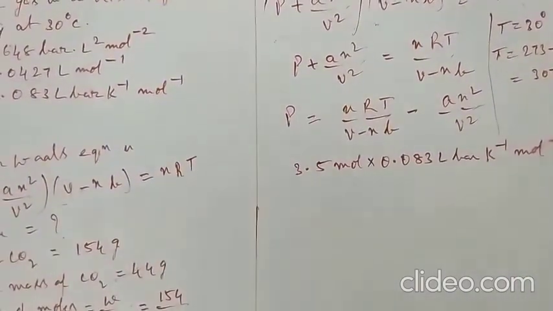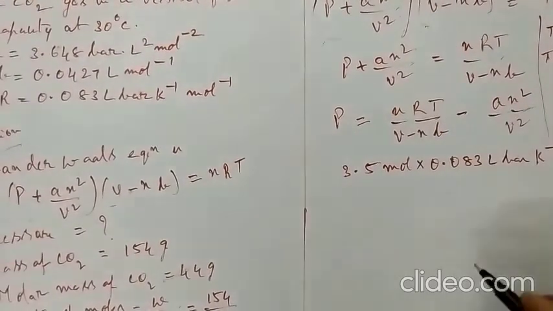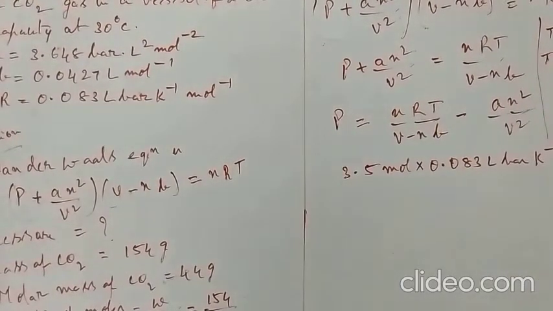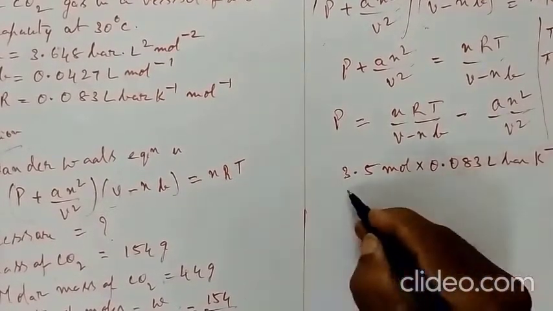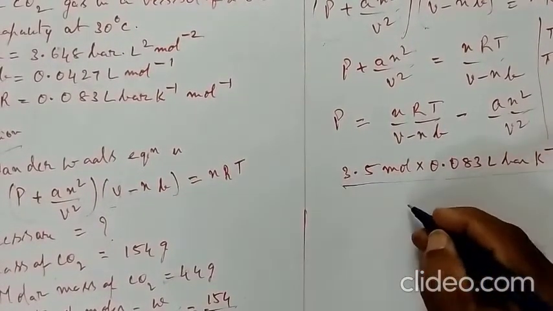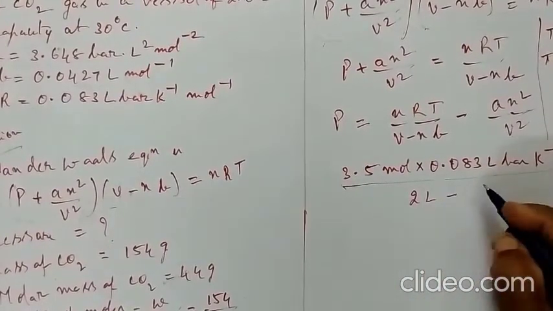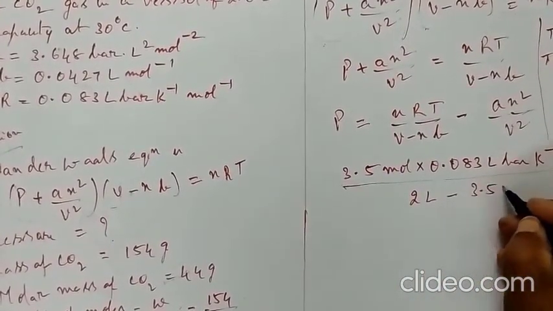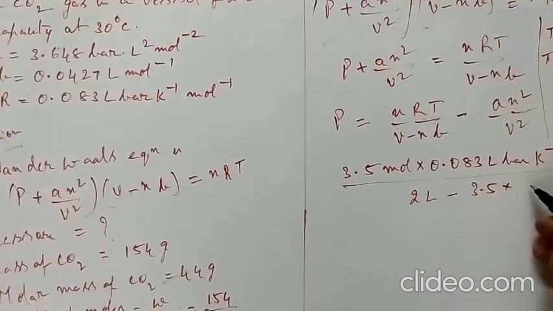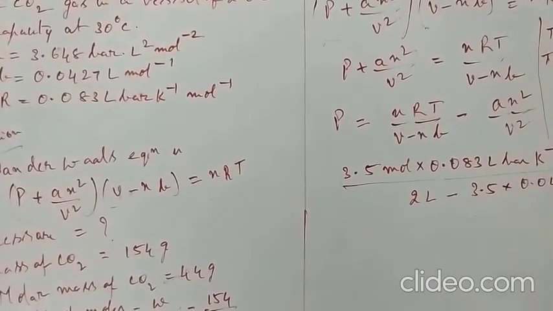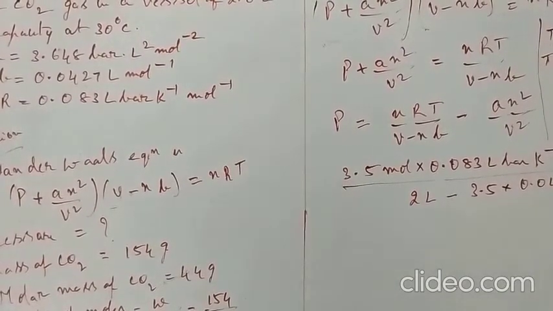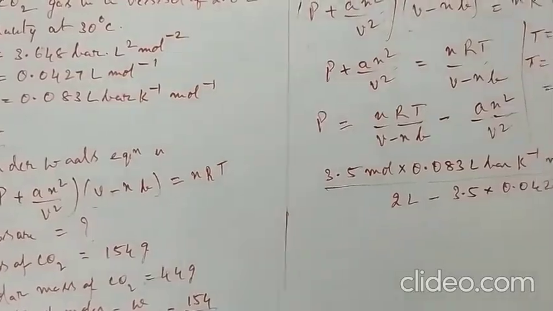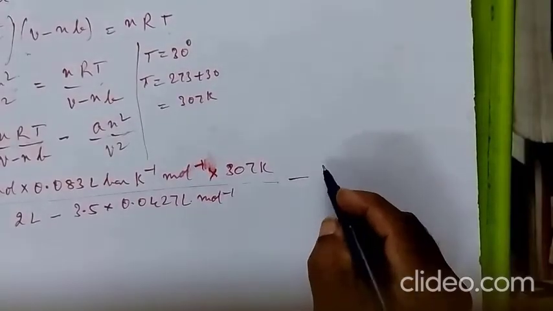So in Kelvin scale we have to convert. Therefore, T into 307 K by V, 2 liter minus n, number of moles 3.5 into constant b value 0.0427, unit is liter mole minus 1, minus a n square by V square.